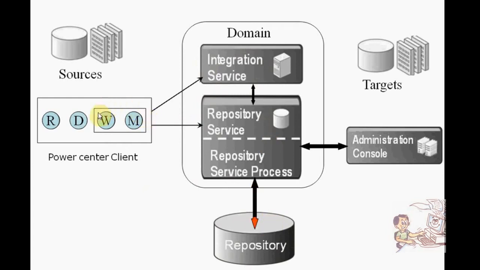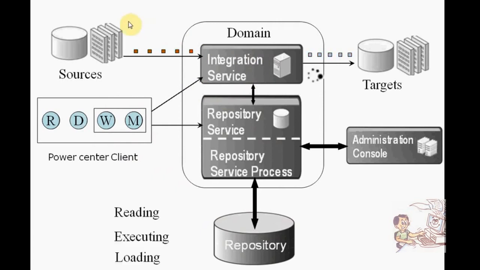If the client request is an authorized request, then the repository database sends the response to the integration service. Based on that, the integration service reads the data from the sources, executes based on the requirement, and finally loads the data into the target tables. So this is the complete process.